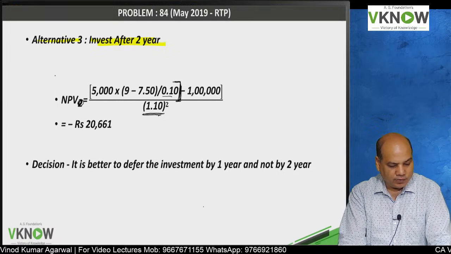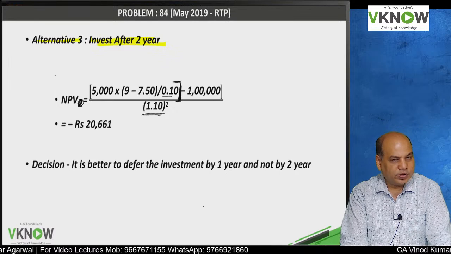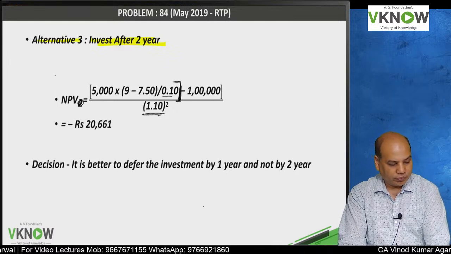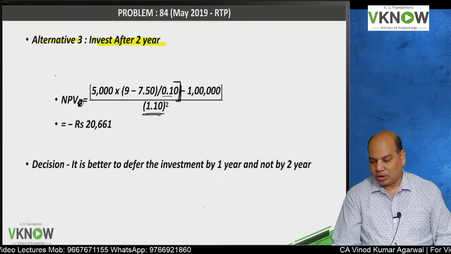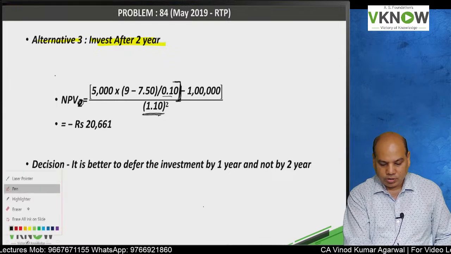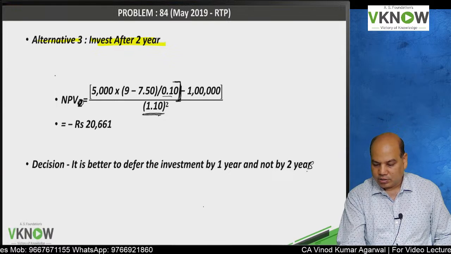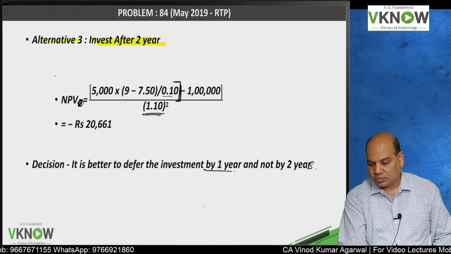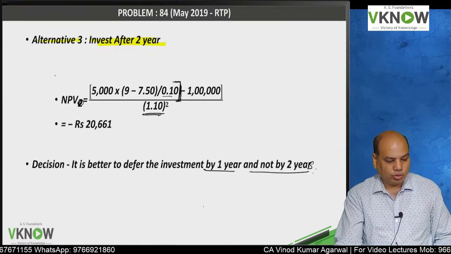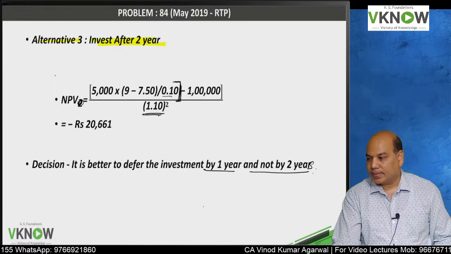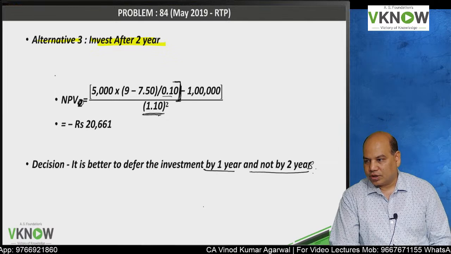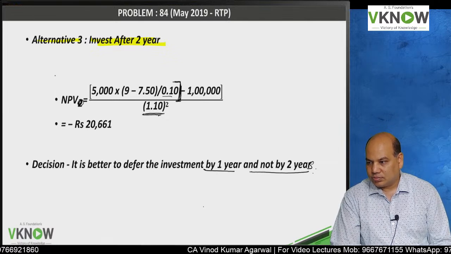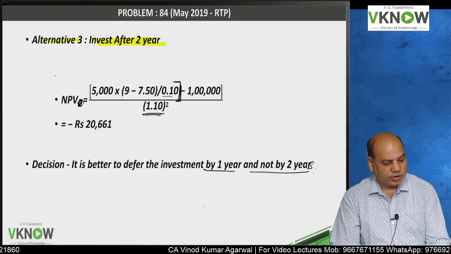It is better to defer the investment by 1 year and not by 2 years. Okay. So that was the answer from May 19 RTP in our book, question number 84.